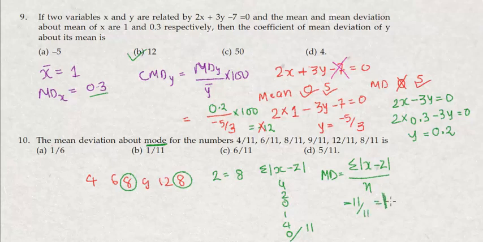So this 1 is nothing but mean deviation about mode. So our answer in this case is 1. But remember, I said that I forget about this 11, but now to get the right answer I must divide this 1 by 11. So I can say my answer is 1 by 11. So in this case the answer is B, 1 by 11.